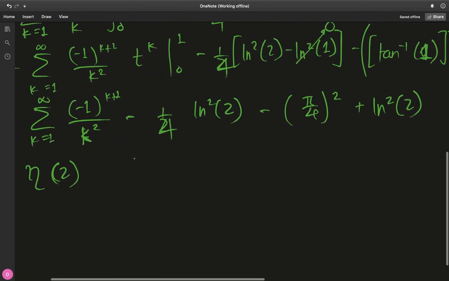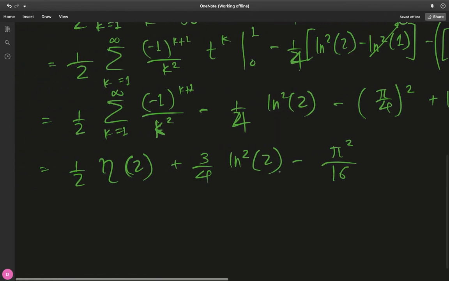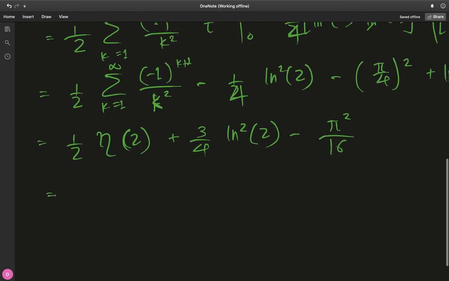So we will have 3 over 4, 1 minus 1/4 is 3 over 4, natural log squared of 2 minus pi over 4, the whole thing squared, is nothing but pi squared over 4 squared, which is going to be 16. And now the Dirichlet eta of 2 has a special value of pi squared over 12, and minus pi squared over 16 plus 3 over 4 times natural log squared of 2.